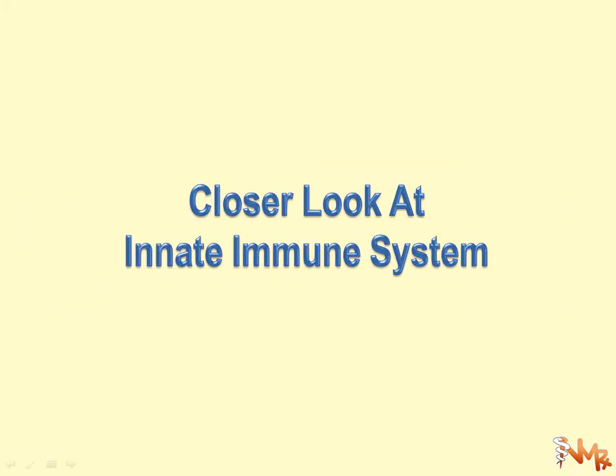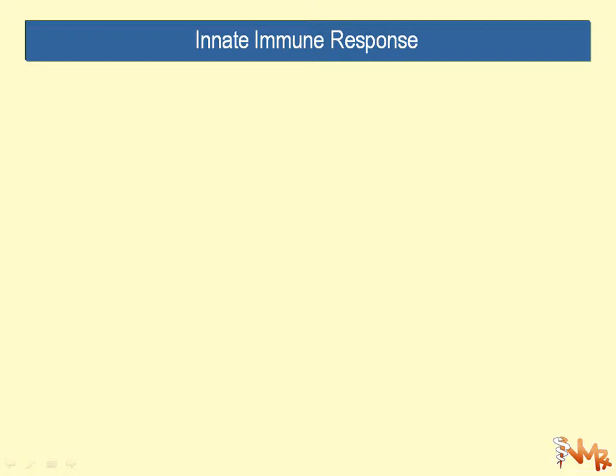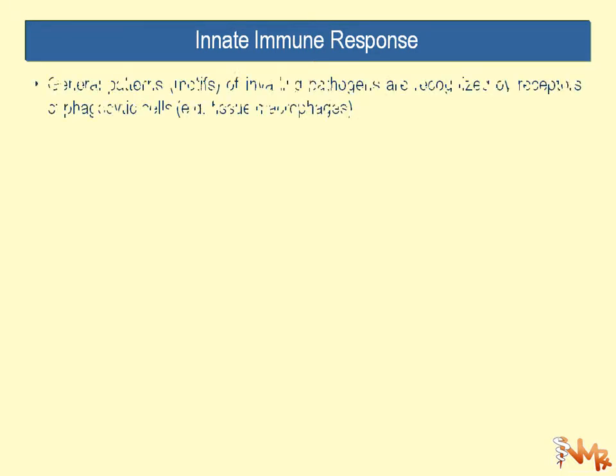Okay, let's look more closely and more specifically at the innate immune system. Let's first and foremost talk about the innate immune response. Again, general patterns or motifs of invading pathogens are recognized by receptors of phagocytic cells. All phagocytic cells have similar receptors, and they identify the very same general patterns.